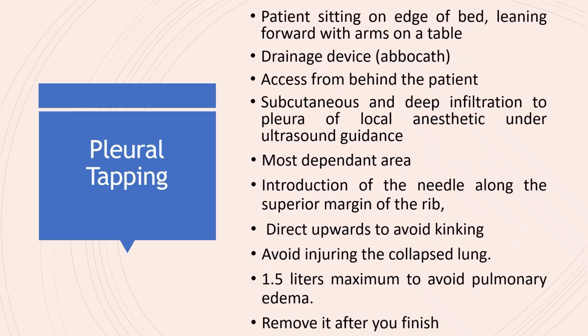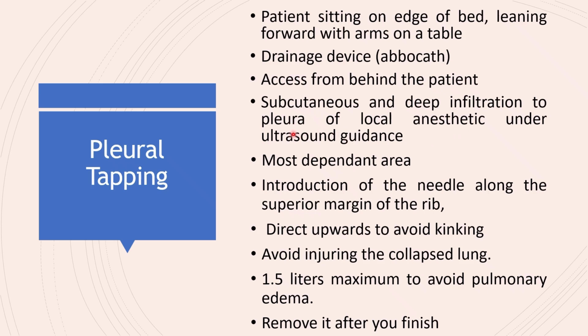For the pleural tapping, the patient is usually sitting, leaning forward, with his arm on the table. We can better use the Abocath, being longer, and access the patient from behind or from the side, with subcutaneous and deep infiltration of local anesthesia into the pleura, of course, under ultrasound guidance.